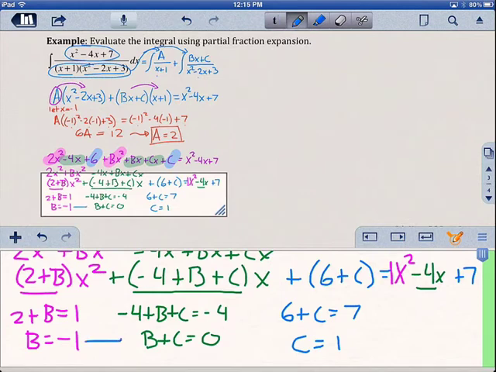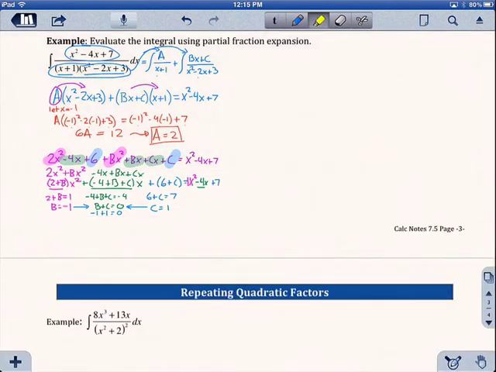And you can see if you substitute these in here that it works. -1 plus 1 equals 0. At any rate, now we know our a, our b, and our c, and so we can go ahead and substitute in up here.